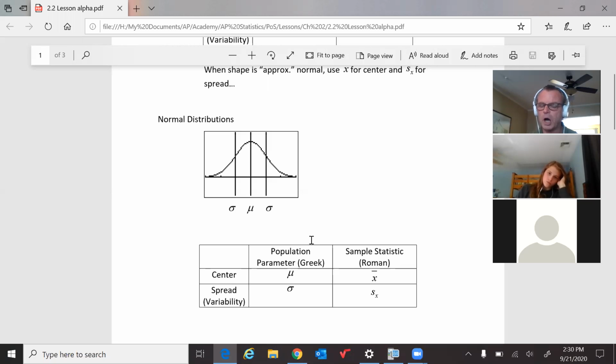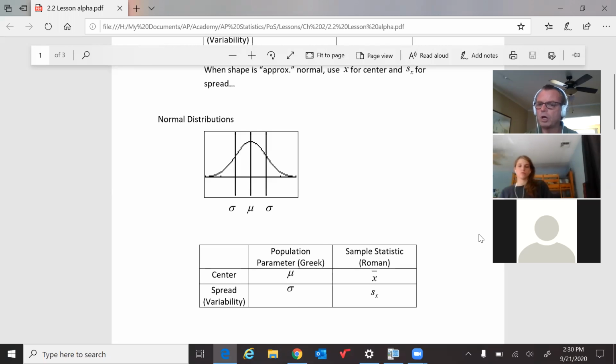If you know what the population is, for example, we told you about those AP scores because they publish the results for all the children that took the test. So those are parameters. For the population parameter, the center is mu, and the spread is sigma.